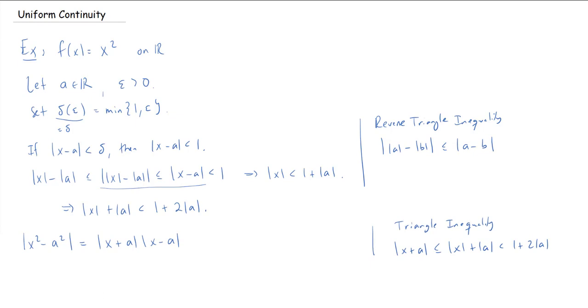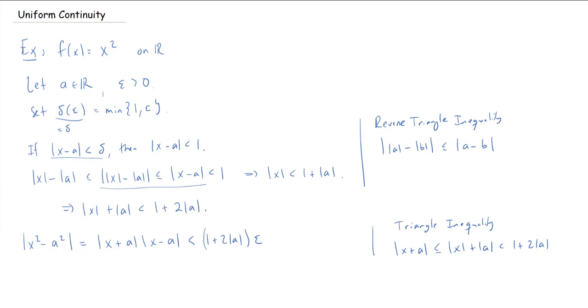All right, so we know that this product is going to be less than 1 plus twice the absolute value of a. And then, well, okay, we still have this absolute value of x minus a, which we know is actually less than delta, and we know that delta is less than or equal to epsilon. So this product will be less than 1 plus twice the absolute value of a times epsilon.